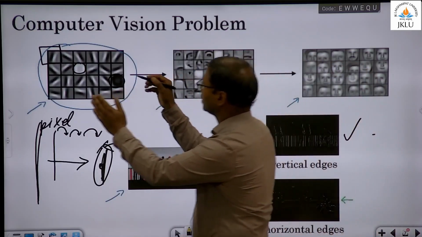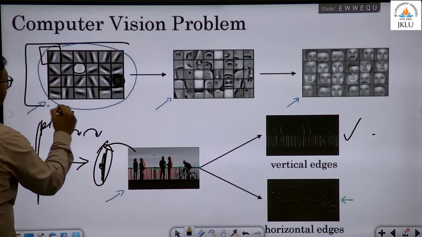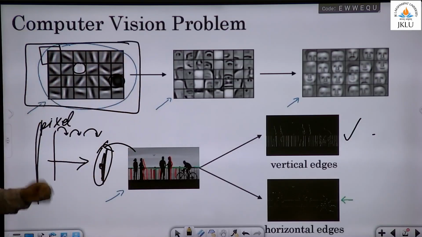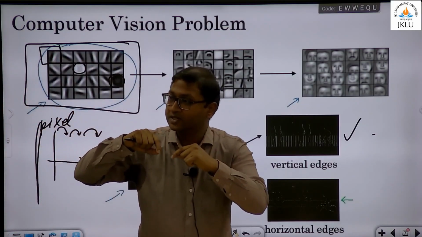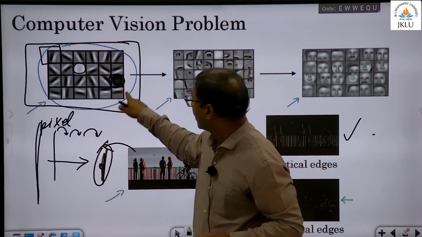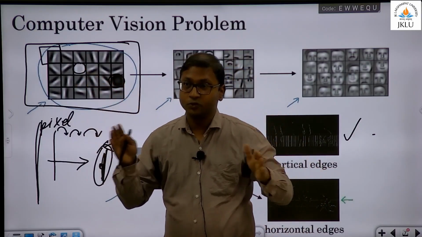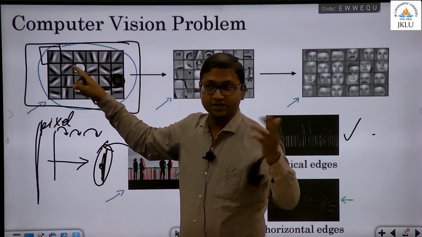So maybe in the first hidden layer you are just learning filters, right, because filters are simple combinations of pixels. They are lines, they are blobs like this, simple things. You can reach here from pixels.